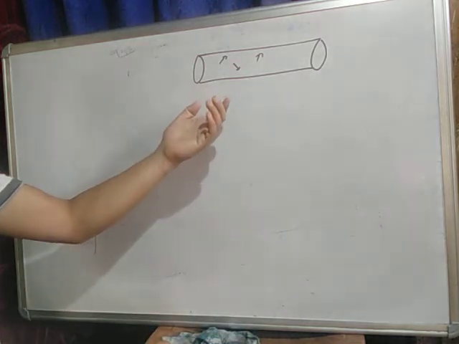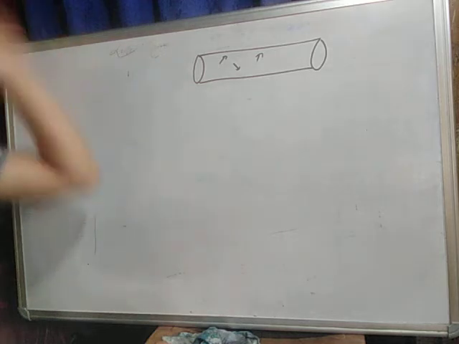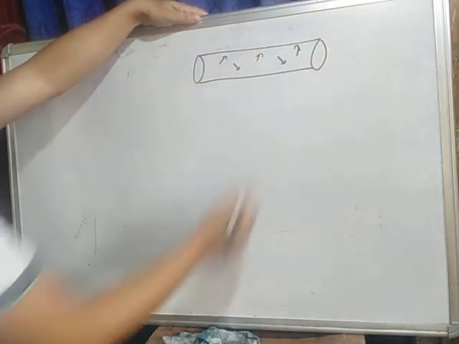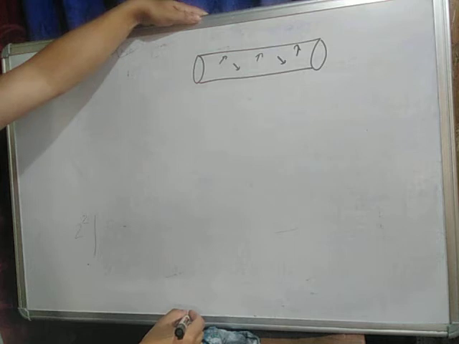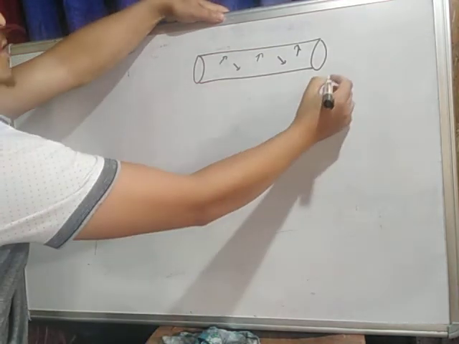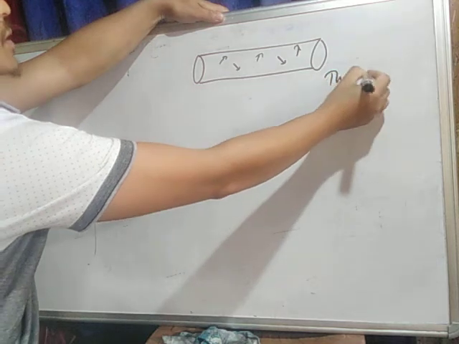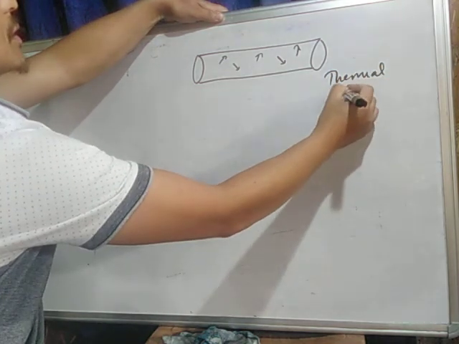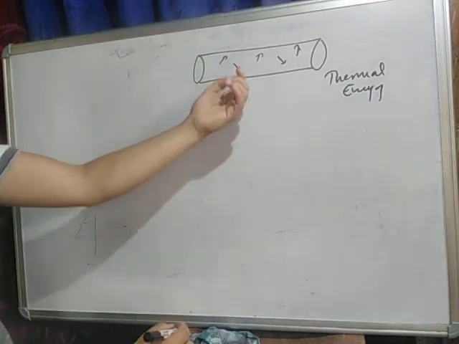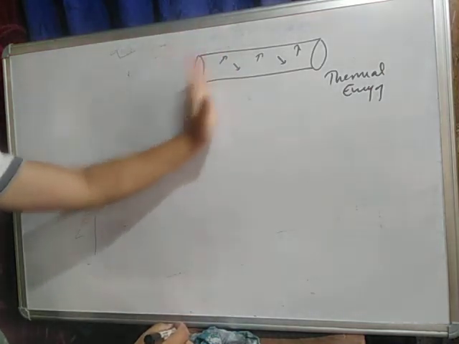The question arises in our mind: why do these free electrons move? Some energy is used, and that energy is called thermal energy. Due to thermal energy, the free electrons move randomly.